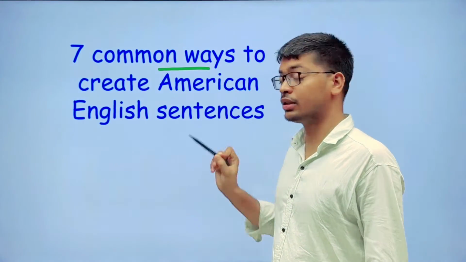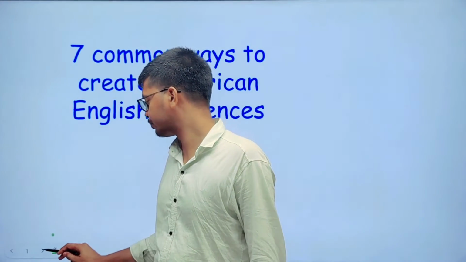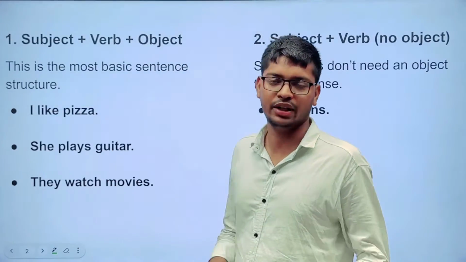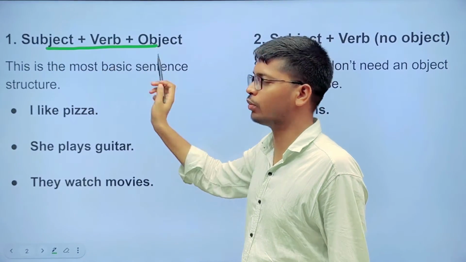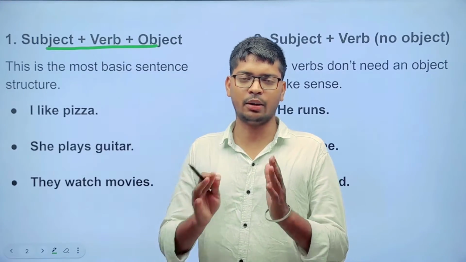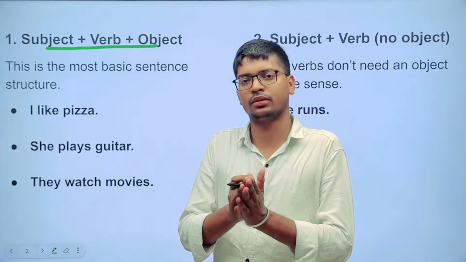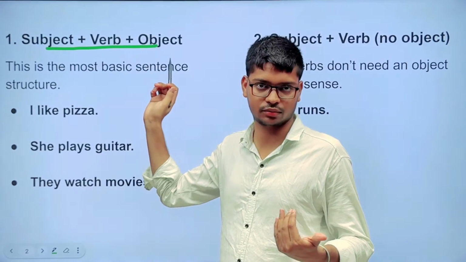But like an American person. So our first way is subject, verb, object. Every sentence is never made without a subject, verb or object, if it is a full sentence. If you use filler phrases, there is no need for subject, verb or object.